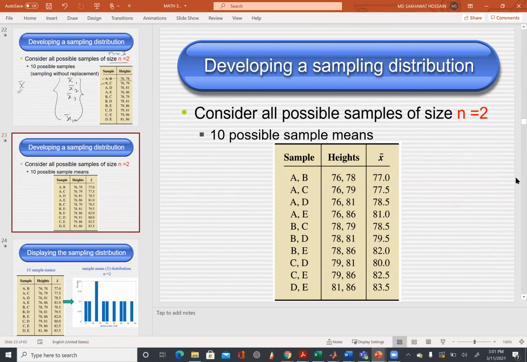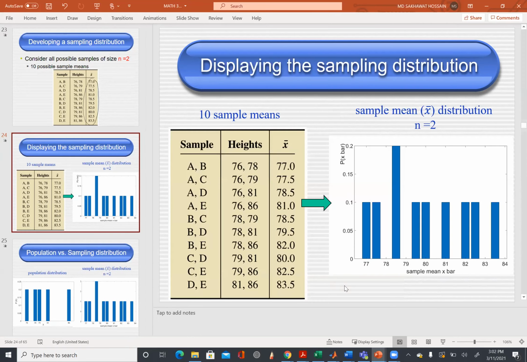Now we calculated the average for each sample, so we have 10 averages here. If we construct the distribution for these 10 averages, it will look like this. This is the sample mean x bar, and this is the histogram, the shape of the distribution. This distribution is called the sampling distribution.